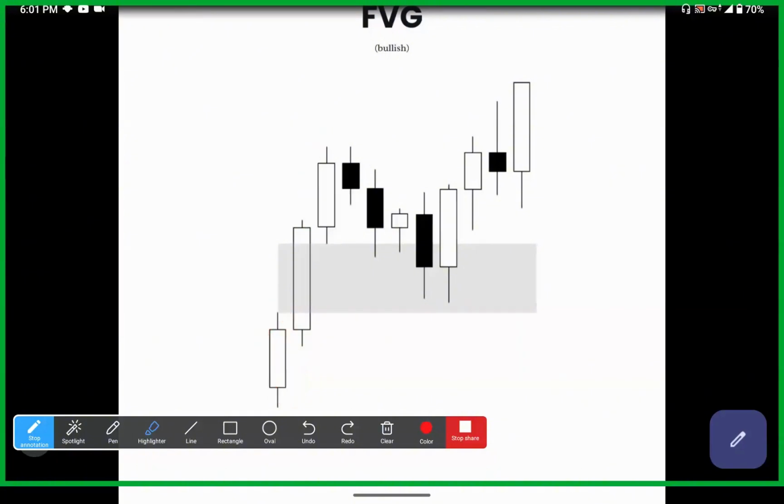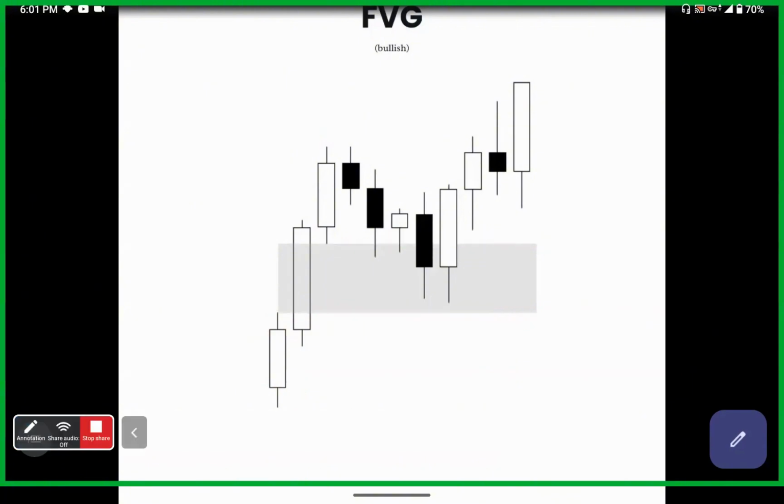Assuming this wick was too long up to here and this one also too long up to here, this is not a fair value gap. The wick has to leave a space, so that when you draw with lines, you are able to see that there is a realistic gap.